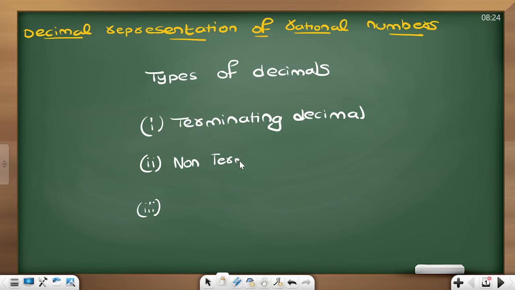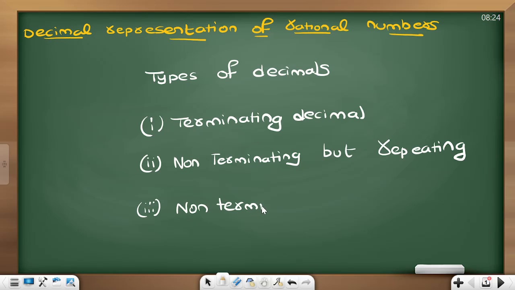Now the other thing we have is non-terminating but repeating. I'll give you examples for all this. Next one, again non-terminating, but non-terminating plus, or we can say also non-repeating.